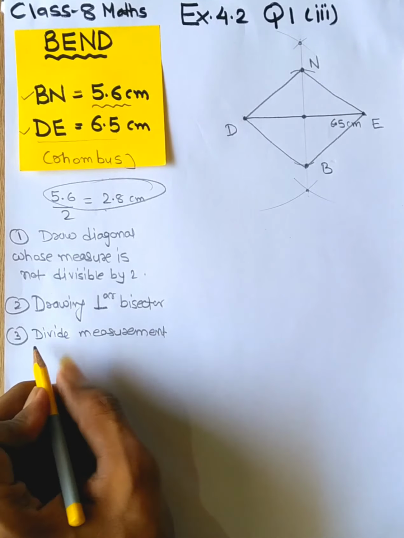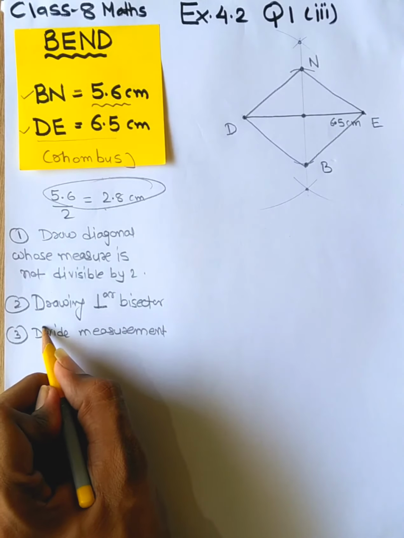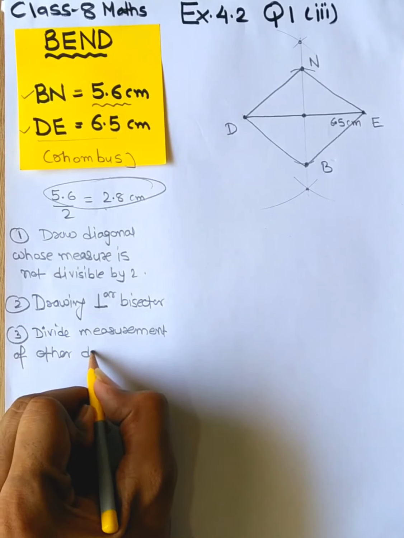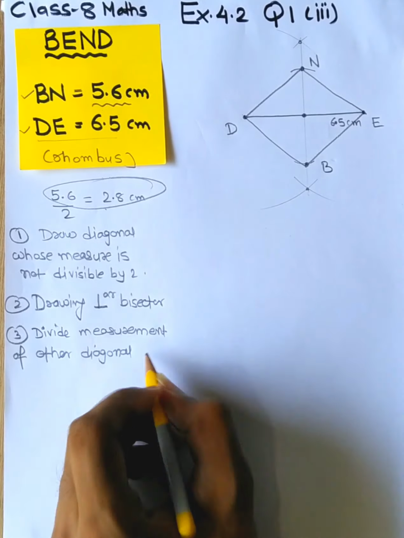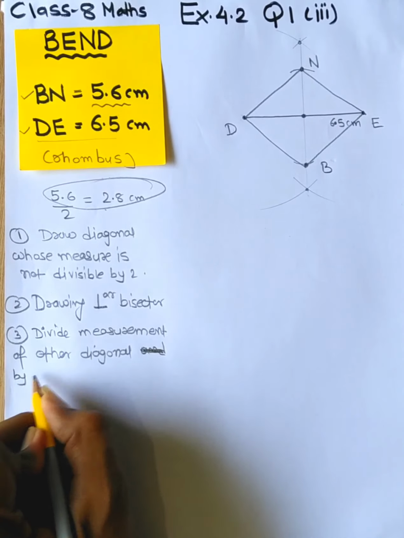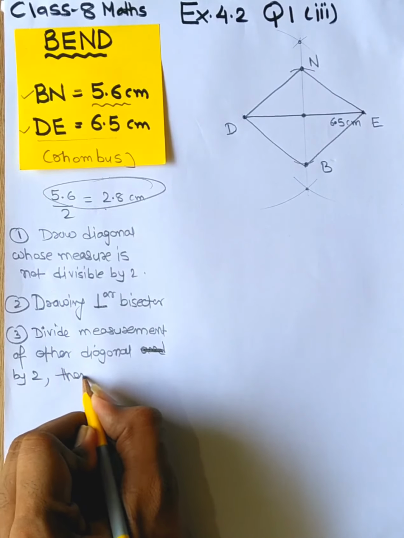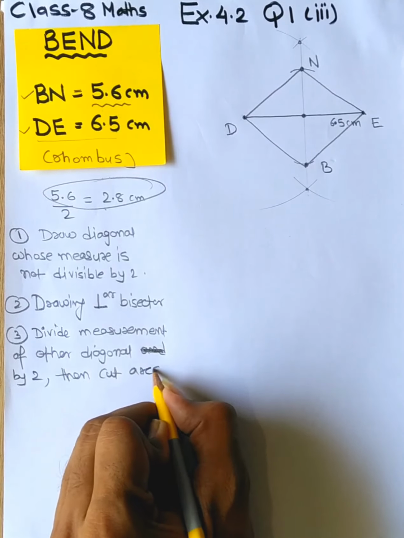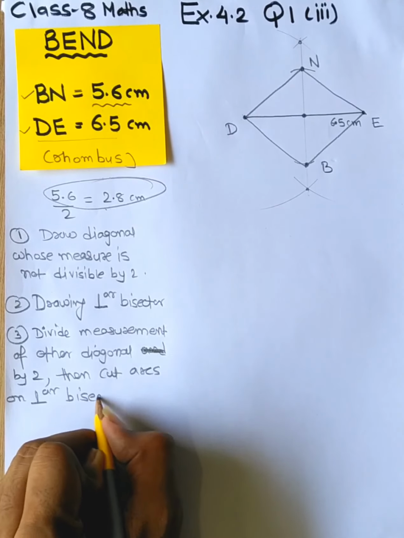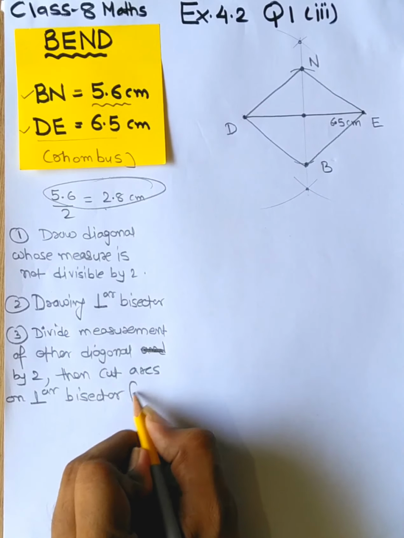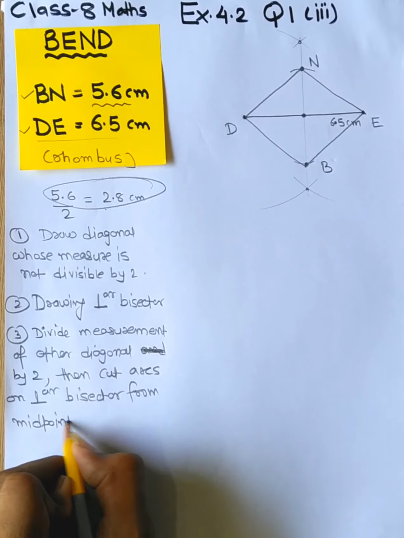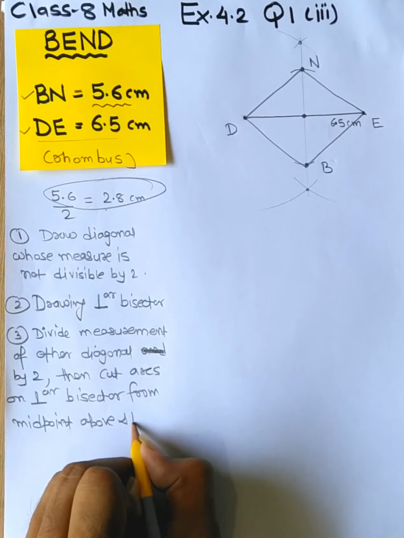This was a little bit tough, so I am writing the steps for you. This will be the hint. Divide the measurement of the other diagonal by 2, and then cut arcs on the perpendicular bisector from the midpoint above and below.